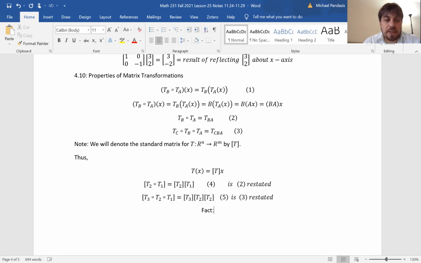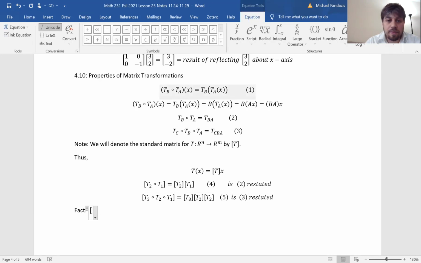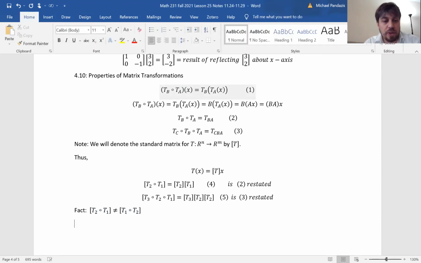Okay, so a fact. The standard matrix for T2 composed with T1 is not equal to the standard matrix for T1 composed with T2. So if you switch the order, the standard matrices don't have to be the same. It's false in general. Sometimes it can be true, but in general it is not.